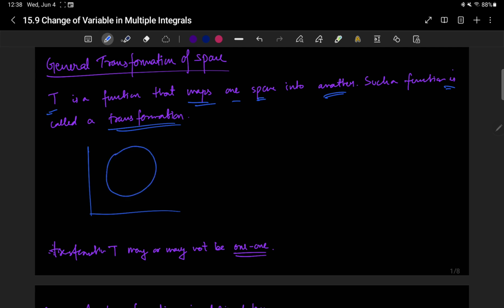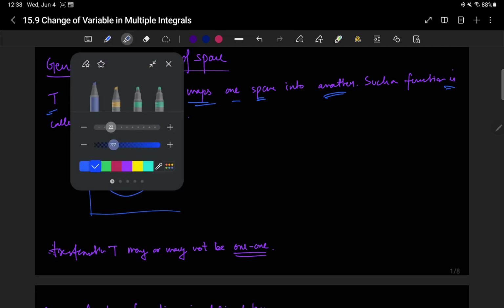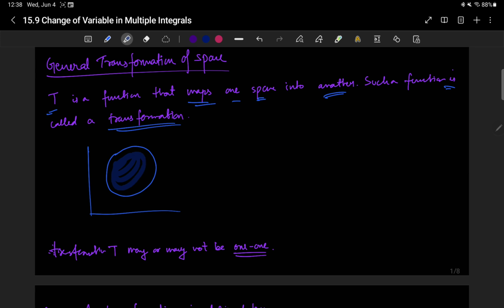So a simple drawing-based example would be, suppose I have a space denoted by S, and when we use the word space in math, it just means a set of points, could be in any dimension. So we have this set of points S, and suppose I have this point here, which is given by u1, v1.